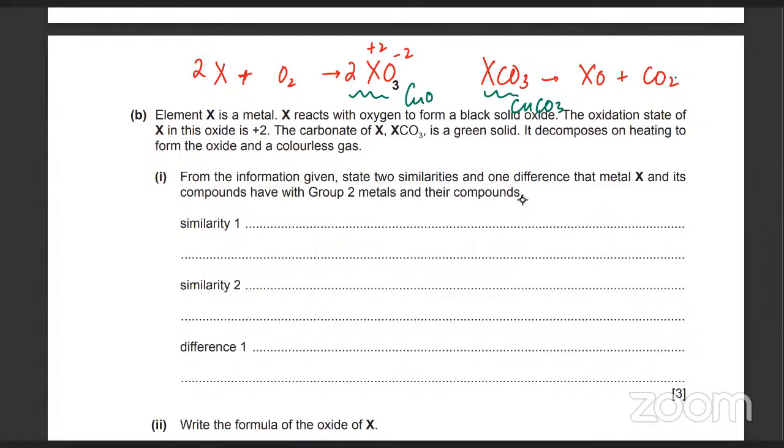The difference is group 2 metals and their compounds, or specifically their compounds, are white in color. And now he's talking about the similarity. The similarity is that group 2 metals would also react in the same way. They have the same charge.